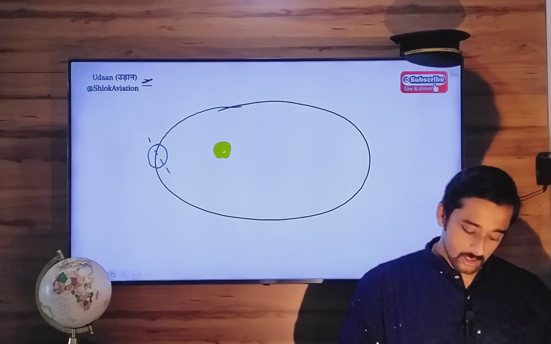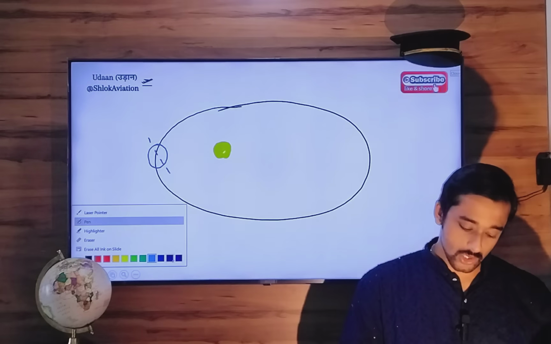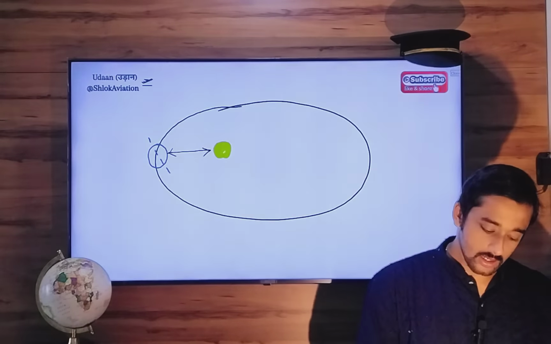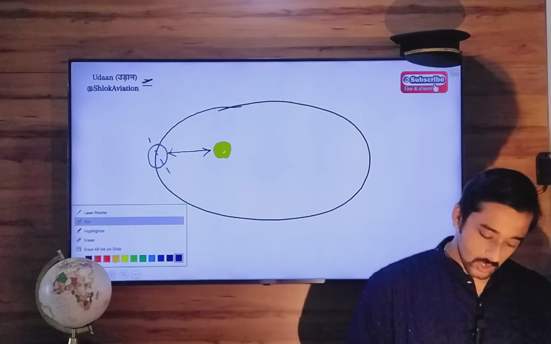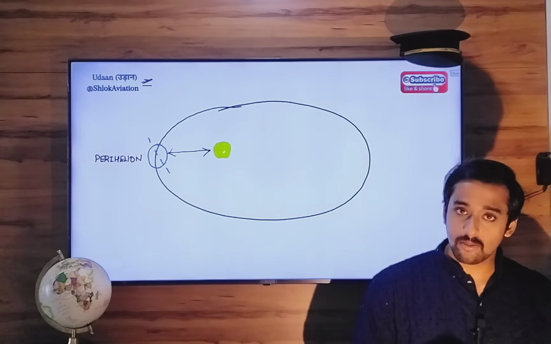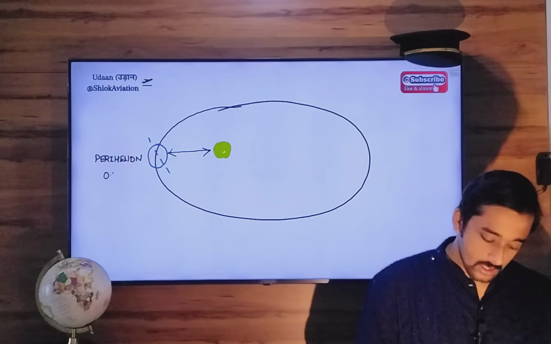Now the position of the Earth when it is closest to the Sun is called perihelion. It happens in the month of January, 4th Jan.